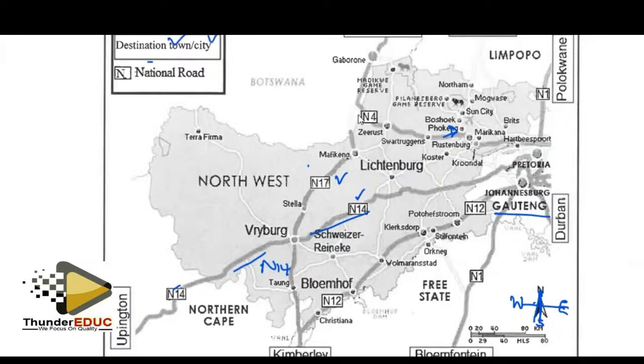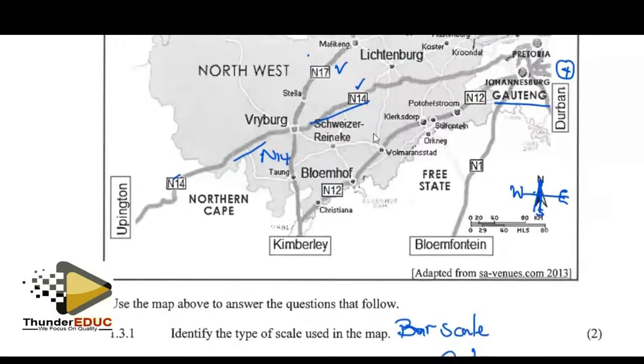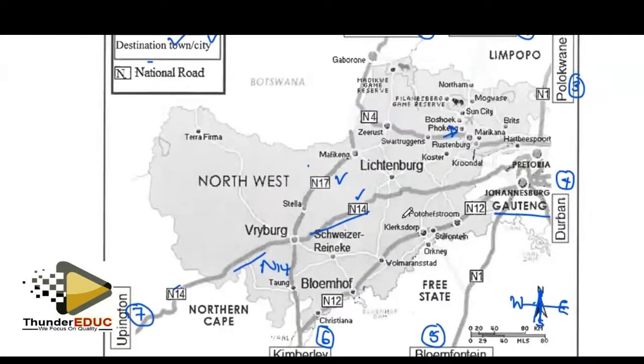So here I have 1, the other one's called 2. We have 3. Come down here, count that 4. We have 5, 6. We have 7.